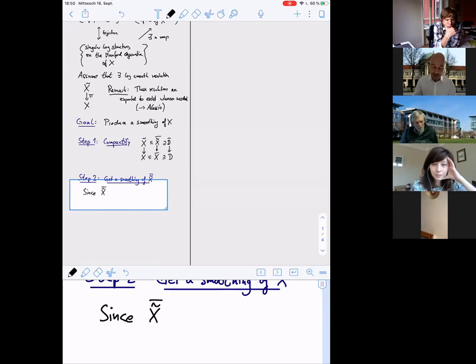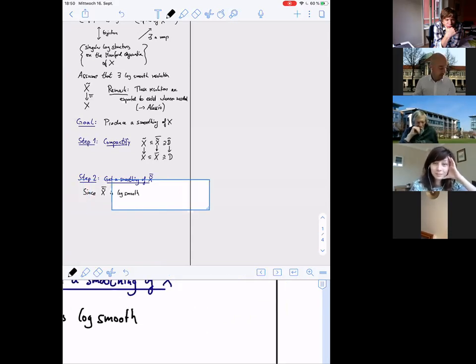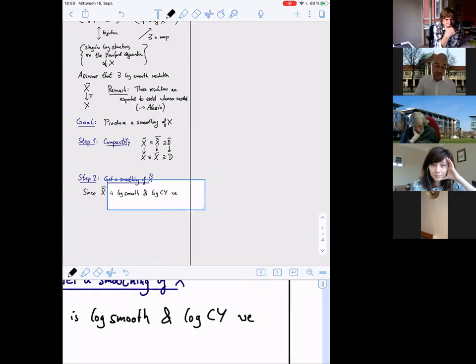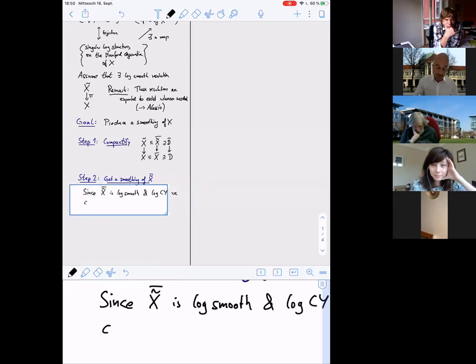So since this upstairs space is log smooth, and it's log Calabi-Yau by the discrepancy, we can apply the theorem from this morning, we can apply smoothing.